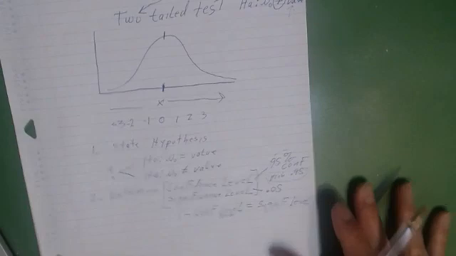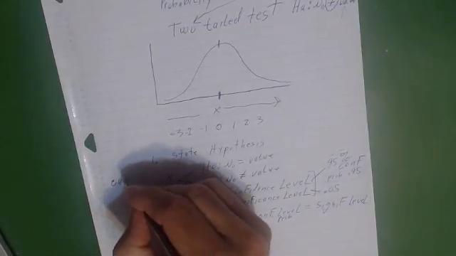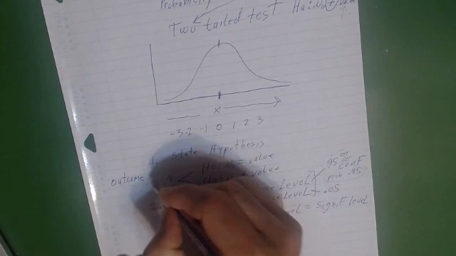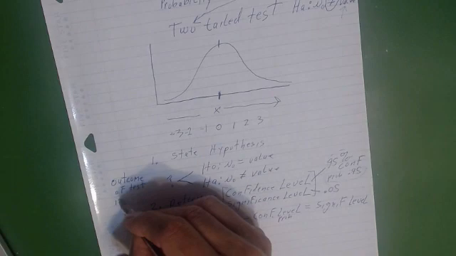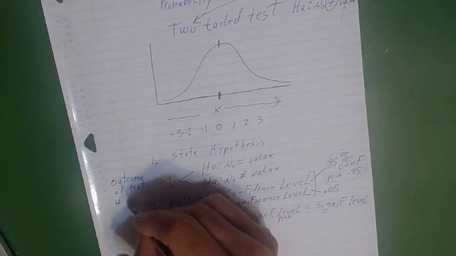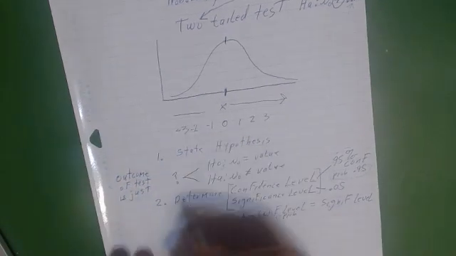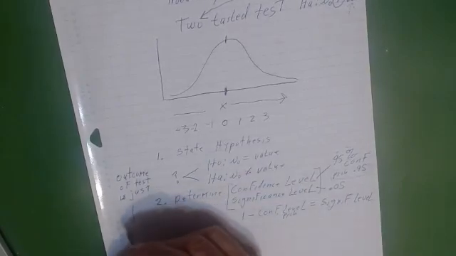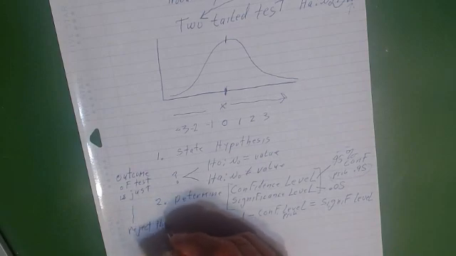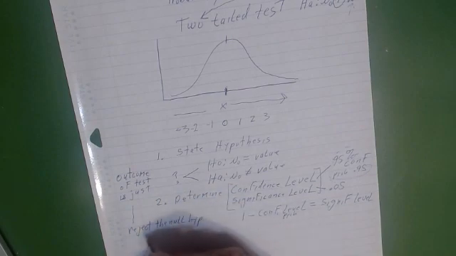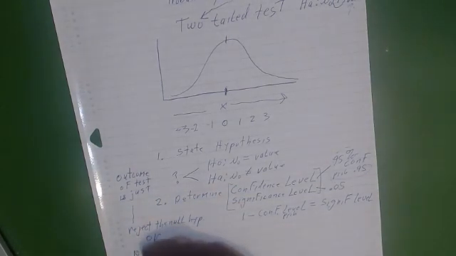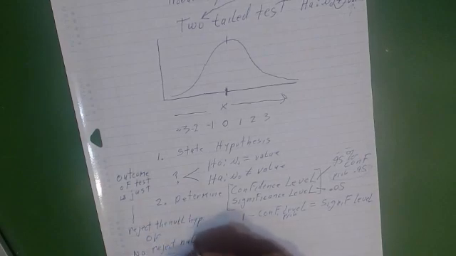And so the outcome of the test, okay, is just you're either going to reject the null hypothesis, or you will not reject the null.